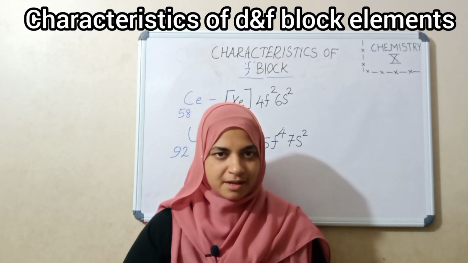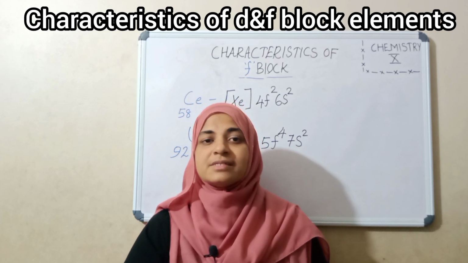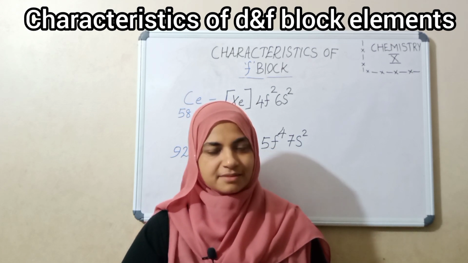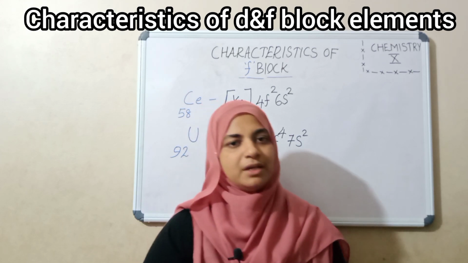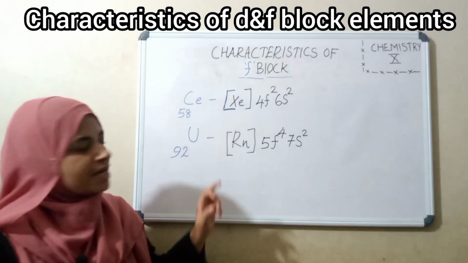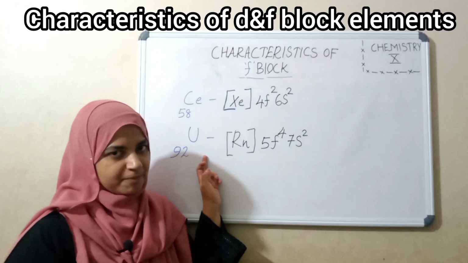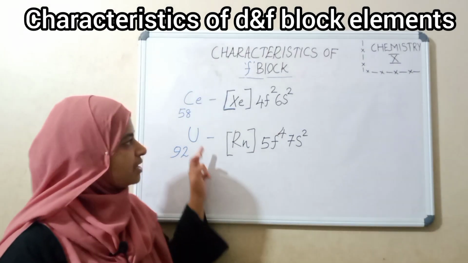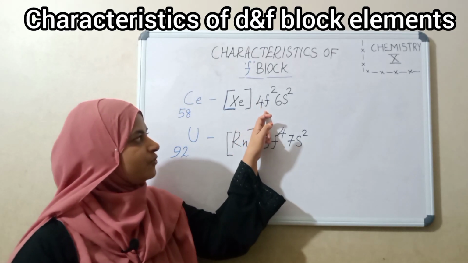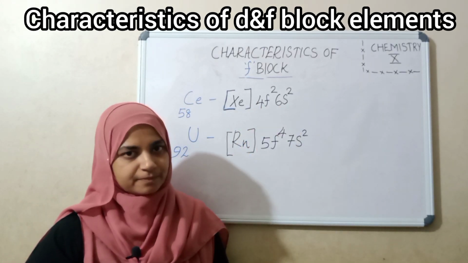That is the shell that is just third from the last. For example, this is the subshell electronic configuration of cerium and uranium in short form. In cerium, it is written as xenon 4f2 6s2.